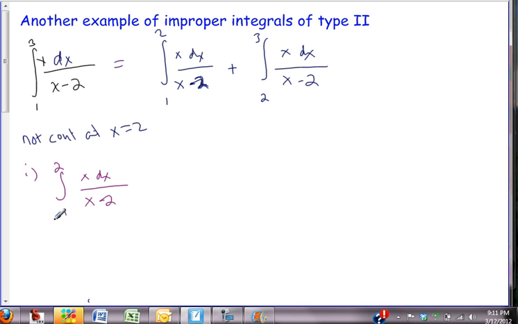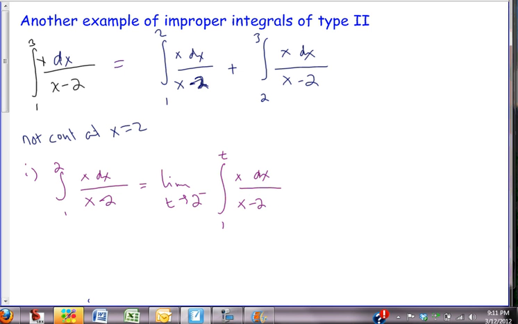And it's continuous everywhere except for at 2, so we can break that into the limit as t goes to 2 from the negative side, right? Because I'm going from 1 to 2, so t is going to be less than 2, of the integral from 1 to t of x dx over x minus 2.